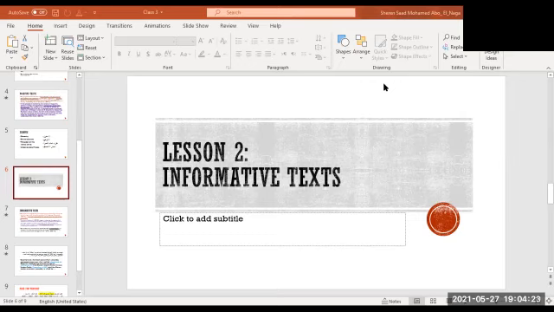As we have learned, we need to think of the function of this type so that we could decide on the most convenient approach. Informative texts, as their name says, they are texts that inform the reader of something.